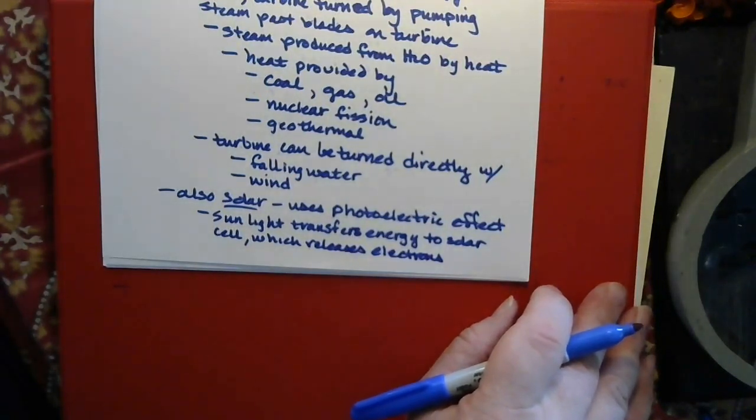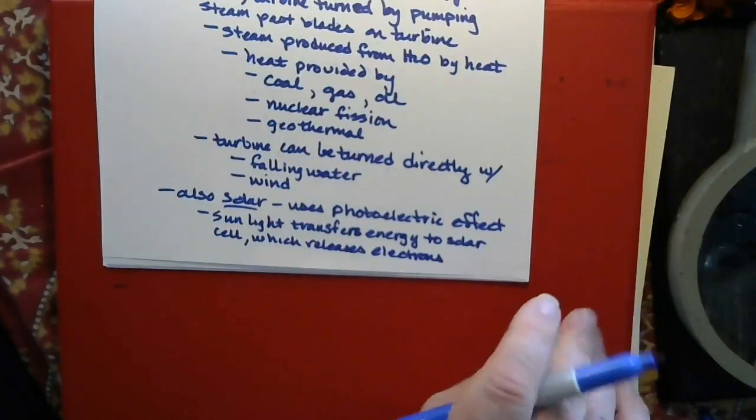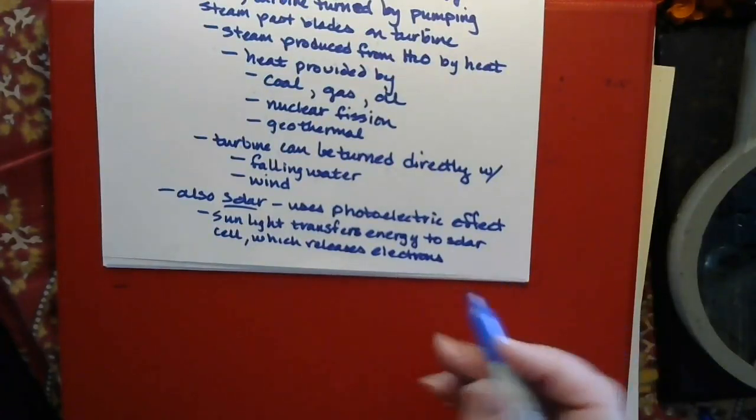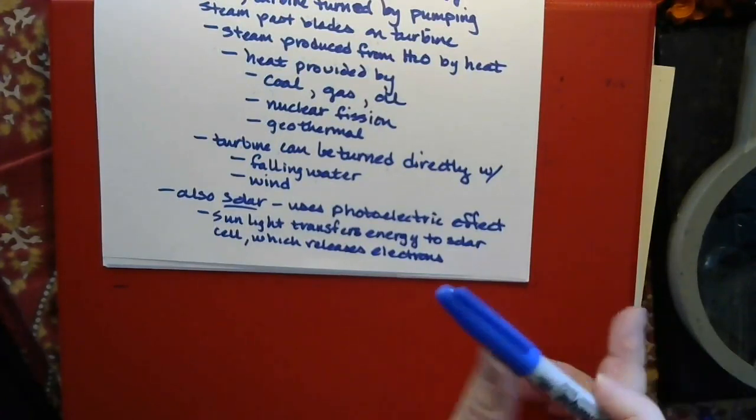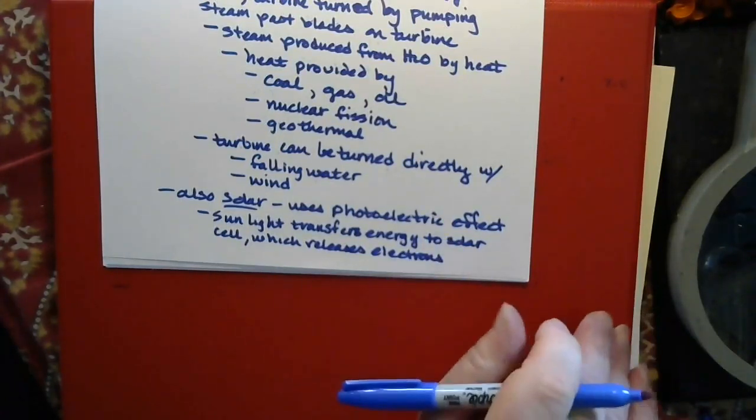Unfortunately, the materials most prone to giving up electrons are also fairly rare and fairly toxic. So they're working really hard on developing safer and more common materials that can be used with high efficiency in solar cells.